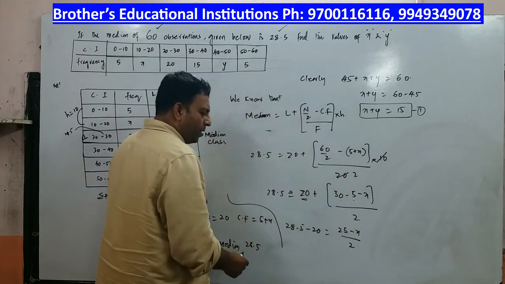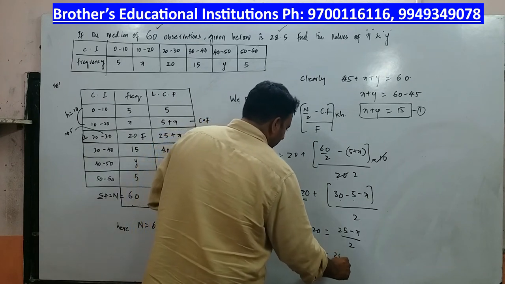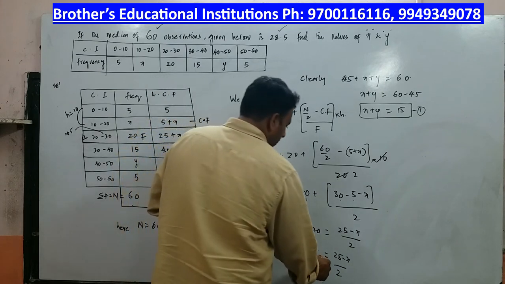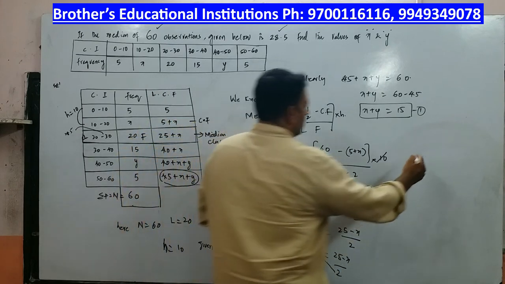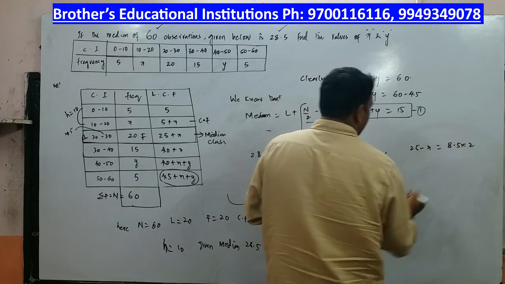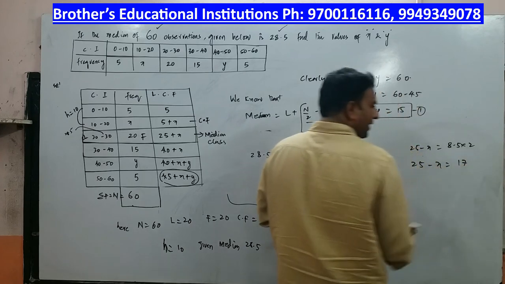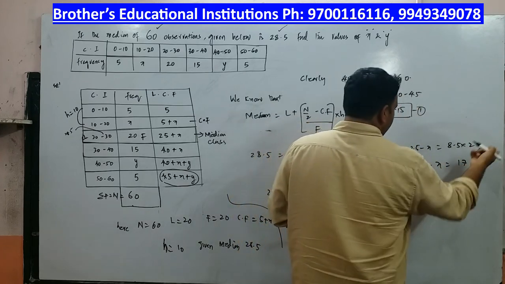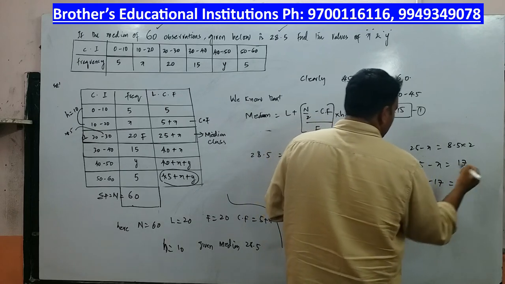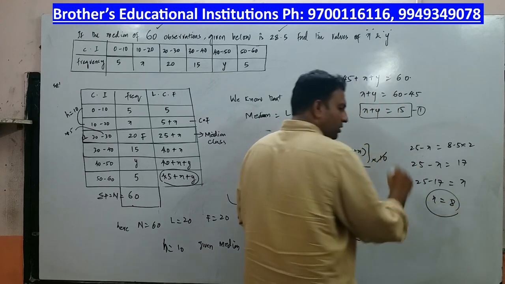What is 28.5 minus 20? 8.5 is equal to 25 minus x by 2. Well, cross multiply. When you cross multiply, it will be 25 minus x is equal to 8.5 into 2. What is 8.5 into 2? 17. Minus x you send that side, 17 you bring this side. 25 minus 17 is equal to x. And what is 25 minus 17? It is 8. So x is equal to 8.